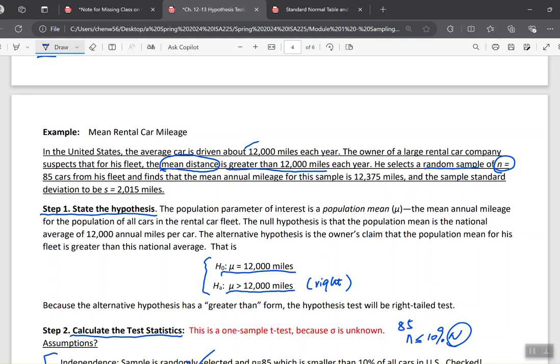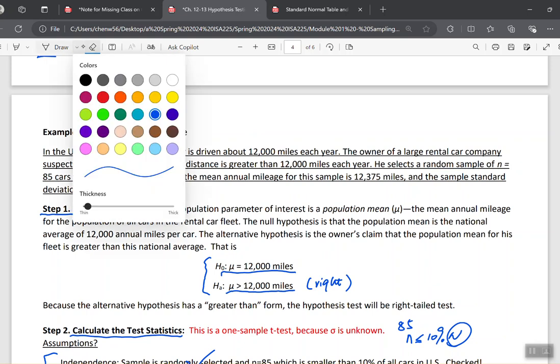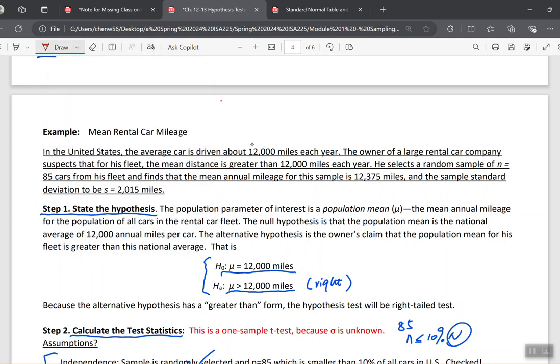So what is the notation for this 12,000 miles? If you want to label it, label it. In your step 1, we know we want to test about this 12,000 miles, which is our claim value.